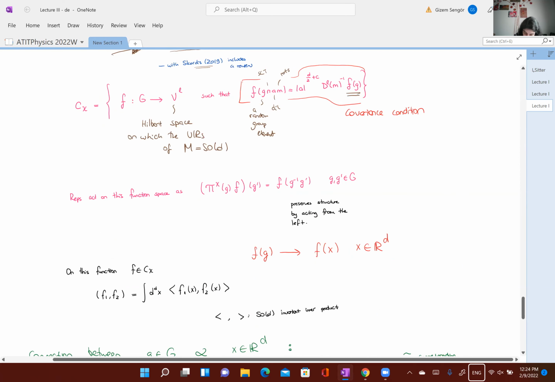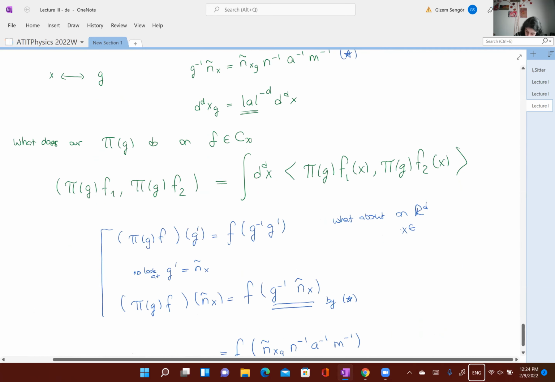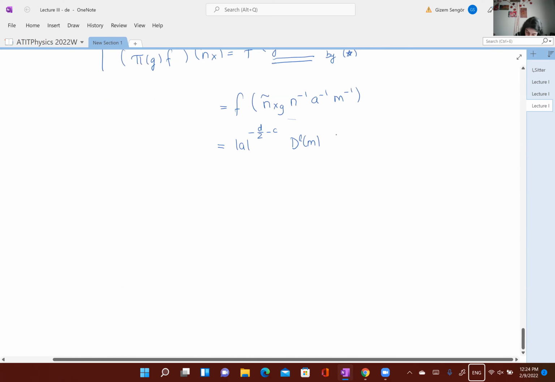This here was D_LM inverse, but we are doing the inverse version, so that's just D_LM f tilde x_g. And we know that this is f(x). So all this we can recognize as the way our representation acts on functions over real space.